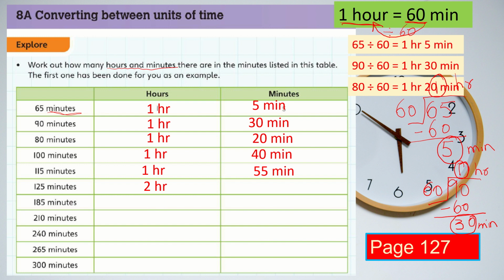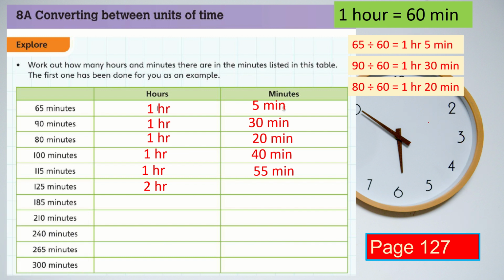Now 125. Now you can see it has turned into 2 hours. Now how? Let me explain it. 125 divided by 60. If you find it difficult to read the table of 60, read the table of 6. 6 is easier, and add a 0 to the answer. Like 6 ones are 6.